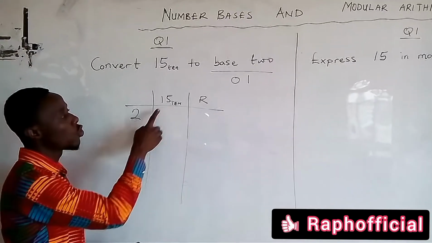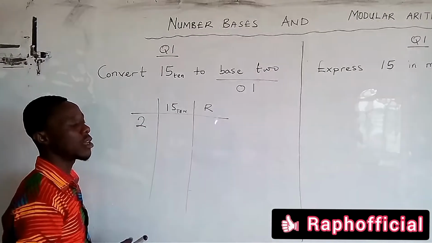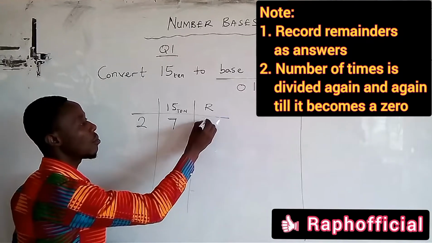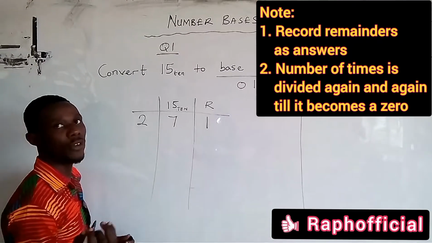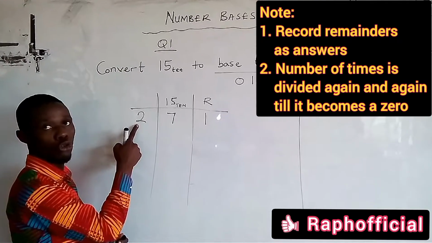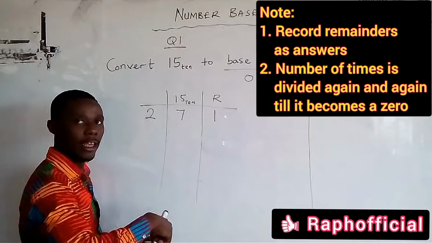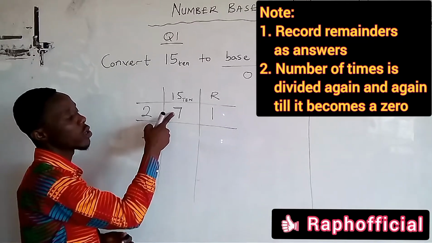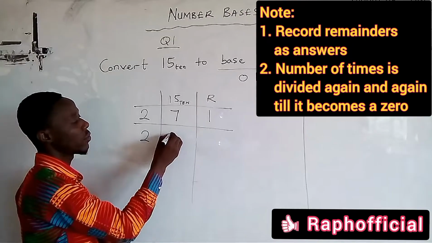So 2 goes into 15 how many times? 7 times. Remainder 1. We haven't finished because 7 is greater than 2, so we have to divide again. 2 goes into 7 how many times? 3.